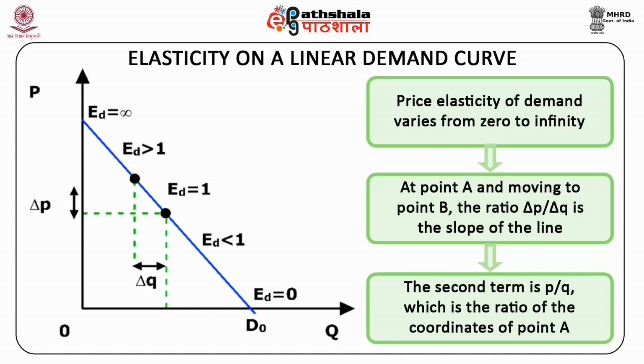The second term is P by Q, which is the ratio of the coordinates of point A. Since the slope change in P by change in Q is constant, it is clear that the elasticity along the demand curve varies with the ratio P by Q, which is 0 where the curve intersects the quantity axis and infinity where it intersects the price axis.